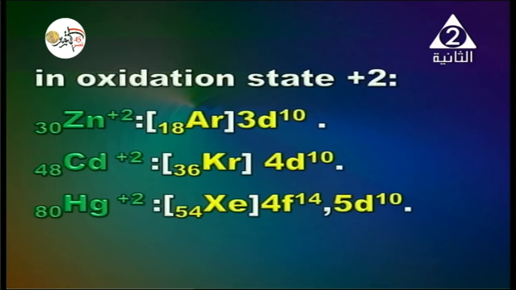In the oxidation state positive 2: Zn positive 2, argon 18, 3d10; cadmium positive 2, krypton 36, 4d10; mercury positive 2, Xe 54, 4f14 5d10. So there is no partially filled d sublevel in either the oxidation state or the atomic state.